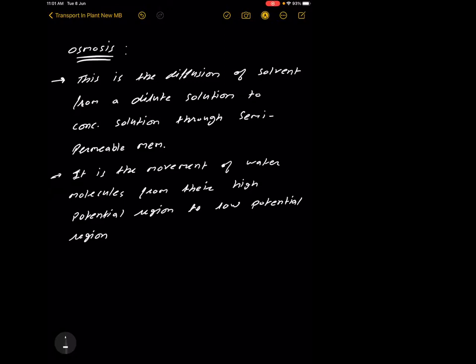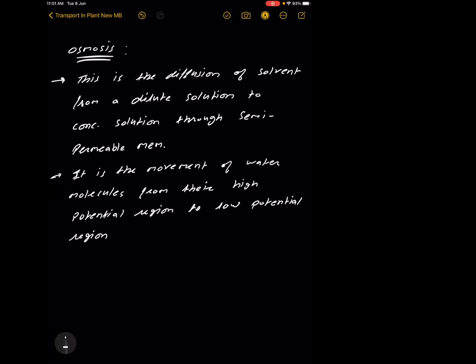So first that was dilute, but now if you added more sugar, it becomes concentrated. So in this definition, the movement of solvent is from dilute solution to concentrated solution.